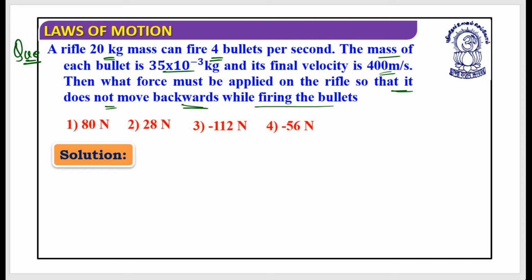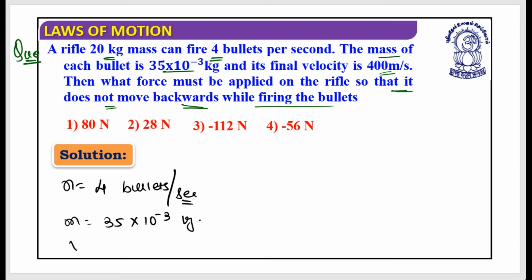So how will you do this? It says that it fires n equal to 4 bullets per second. Yes, the mass of the bullet is given, it's 35 into 10 to the power minus 3 kg. Final velocity v is given, it's 400 meter per second.